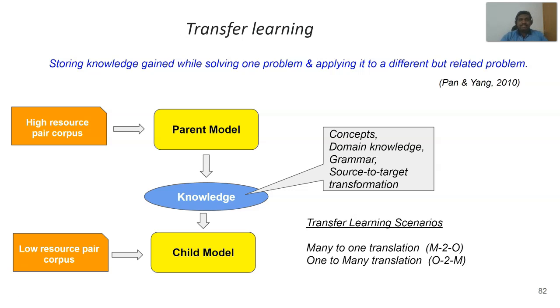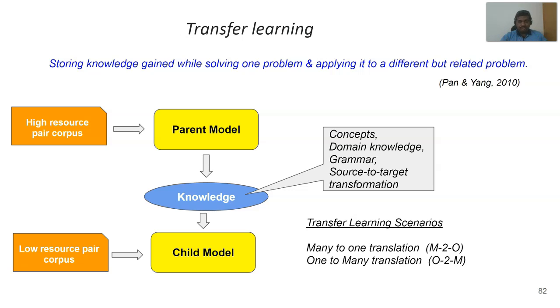As applied to machine translation, what it means is this. We have a parallel corpus for a high resource language pair, say English-French. We need to train a translation system for a low resource language pair, say English-Galician. For the high resource language pair, we can train a translation model. Let's call it the parent model. Now, what does this parent model capture?